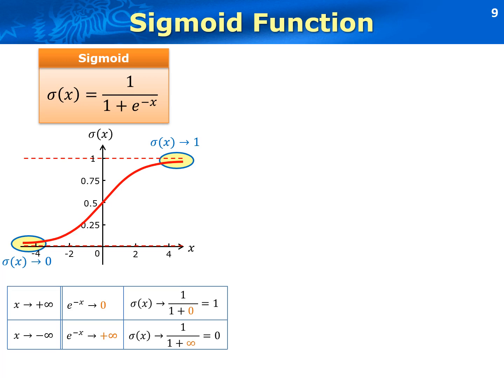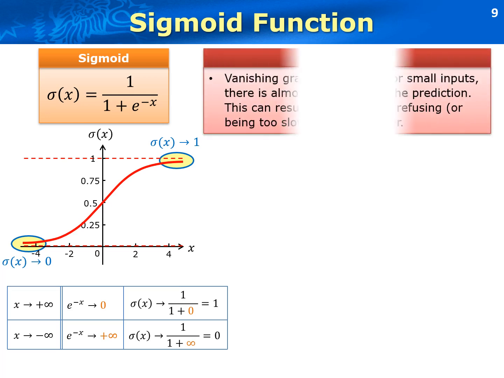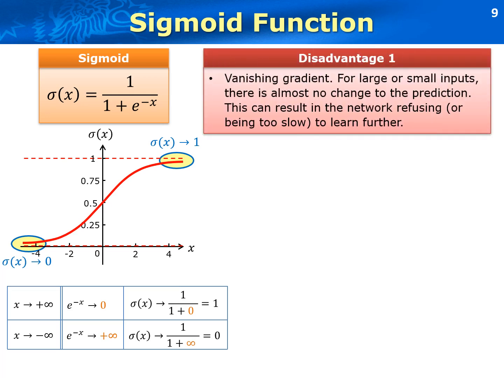Based on the above two cases, we see that for very large or very small x, the limit of the sigmoid function is a constant value, implying that for such large or small x, the derivative of the sigmoid function tends to 0. This is called the vanishing gradient problem, which will result in the network refusing or being too slow to learn further.